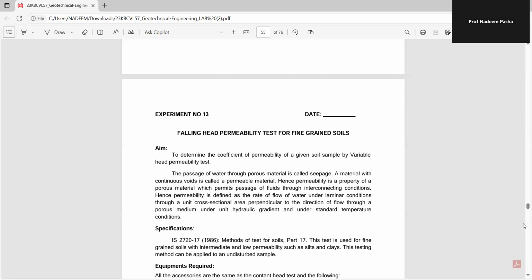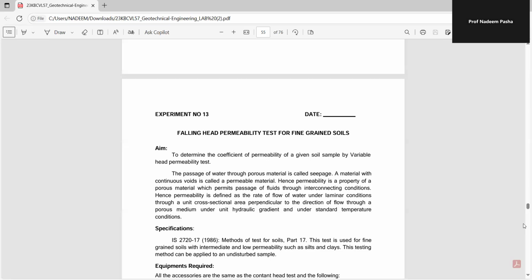The specification is IS 2720 (Part 17) 1986, methods of test for soils.